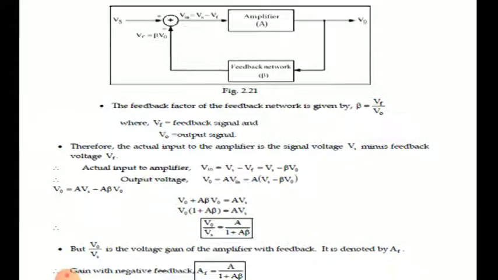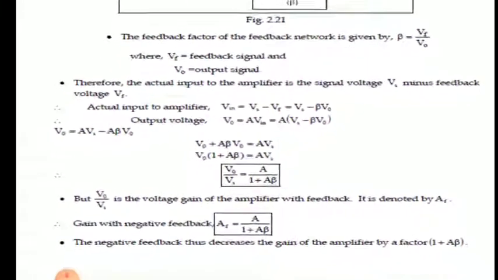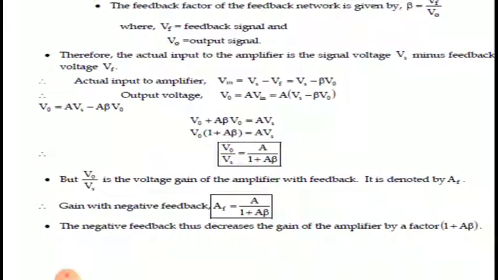So overall output by overall input gives the overall gain of the negative feedback amplifier circuit. V output by Vs is the voltage gain of the amplifier with feedback, denoted by AF. Remember, AF is the voltage gain with negative feedback.